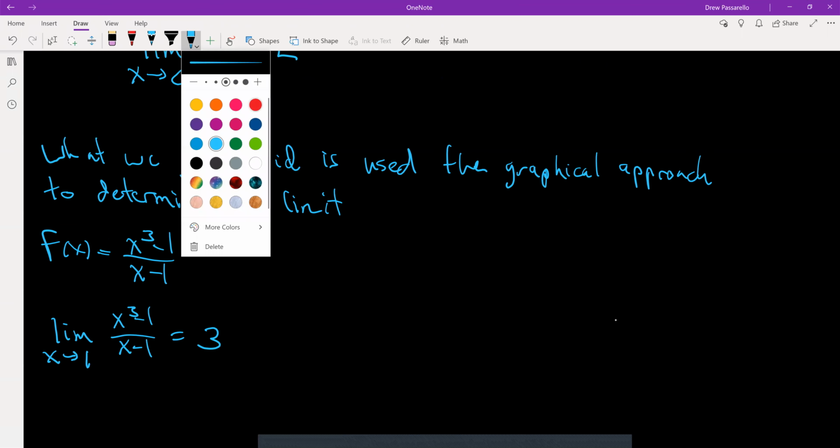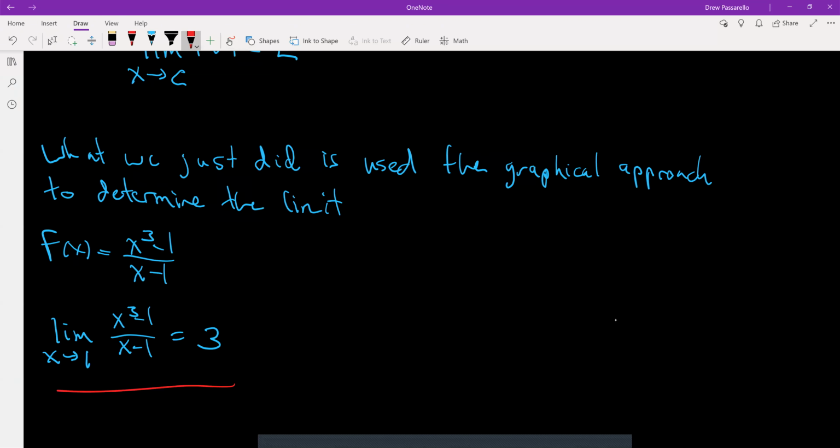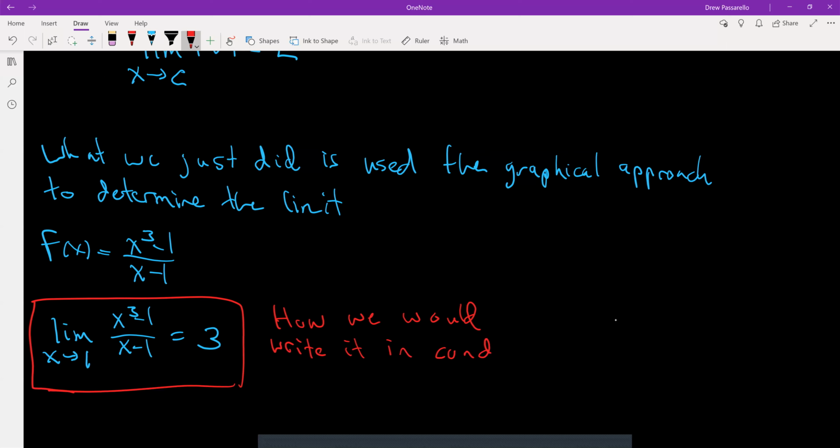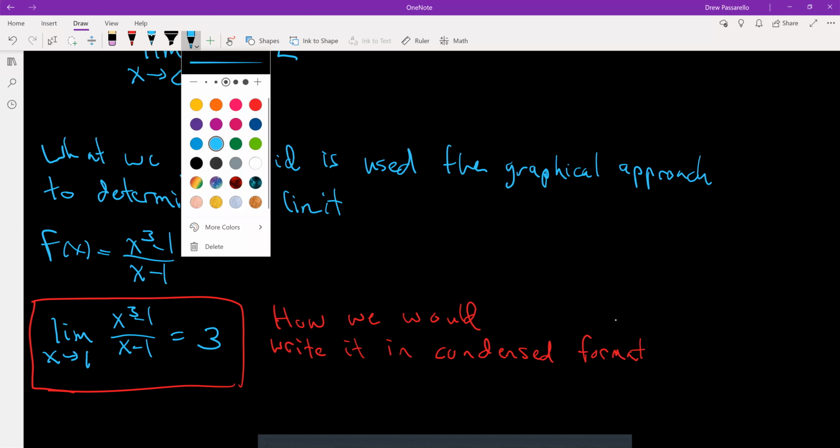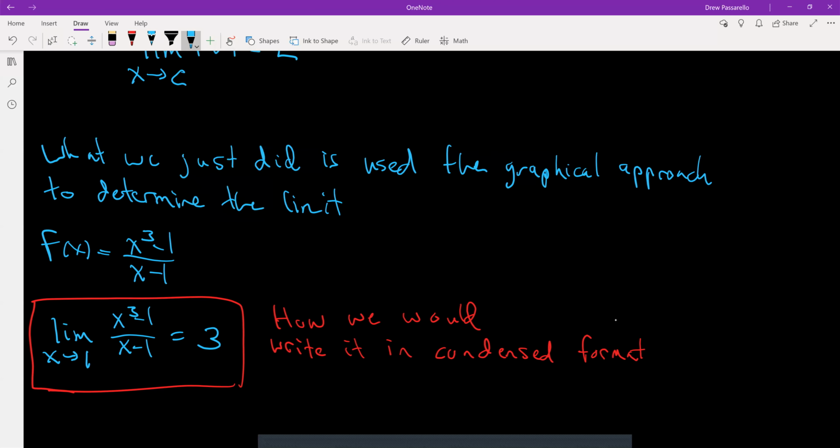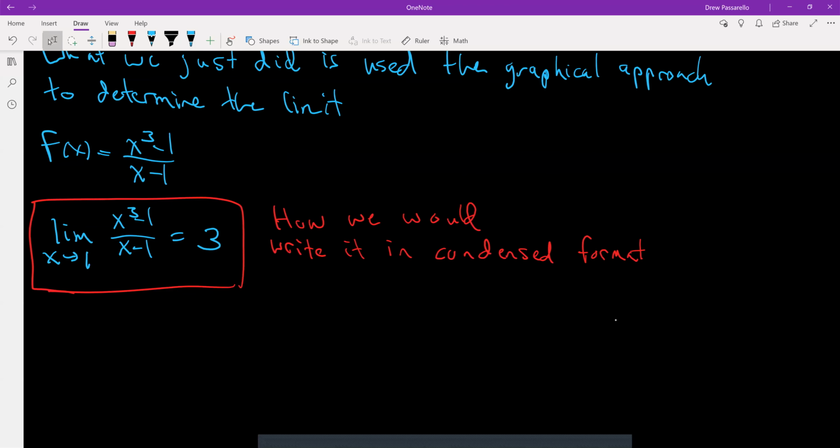That's how we would write it in a condensed format. And the crucial thing to know is that even though there's a hole, the limit still exists.